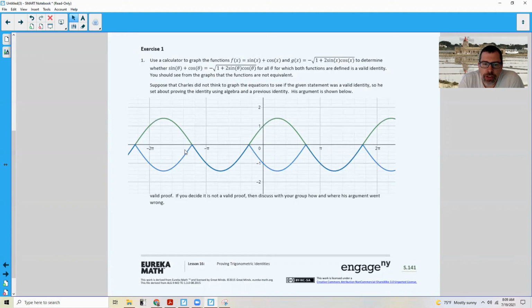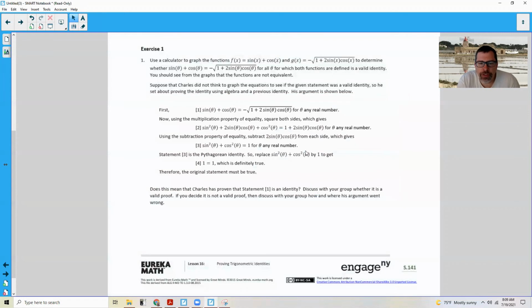So it's a reflection: wherever the sine plus cosine function is positive, it's a reflection across the x-axis of the square root function. But wherever the sine plus cosine function is negative, it's equal. So it's only equal on half of the domain. Okay, so that's what the graphs look like.